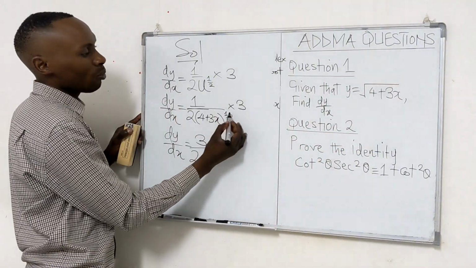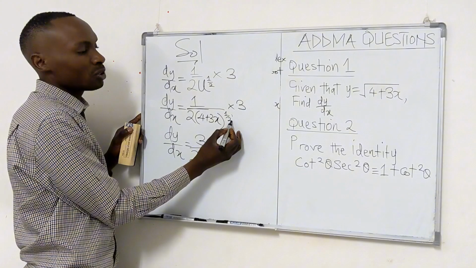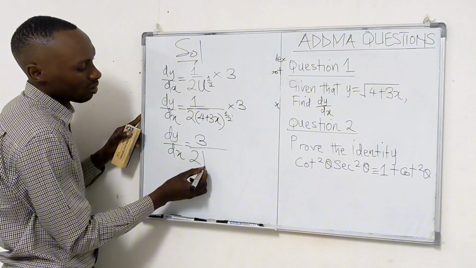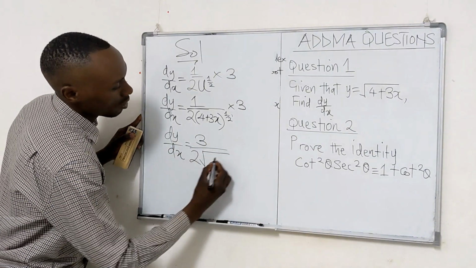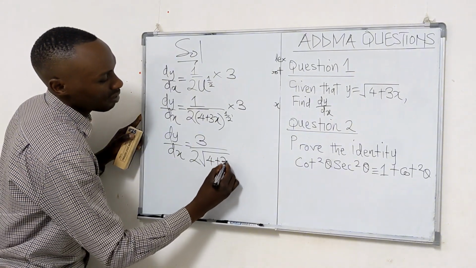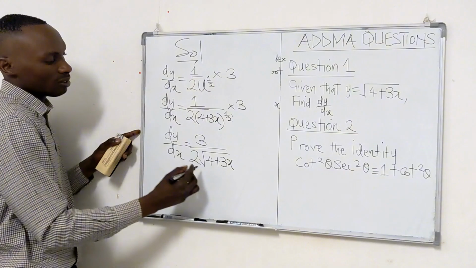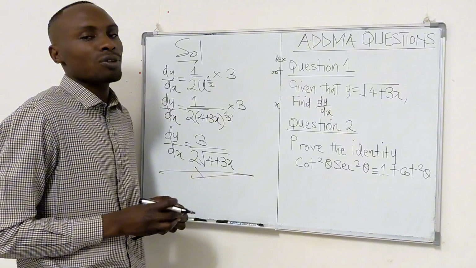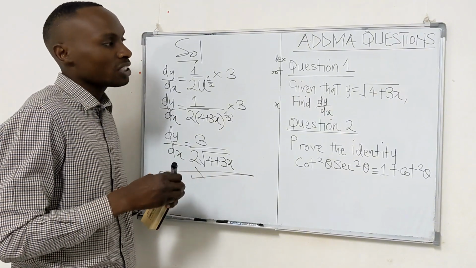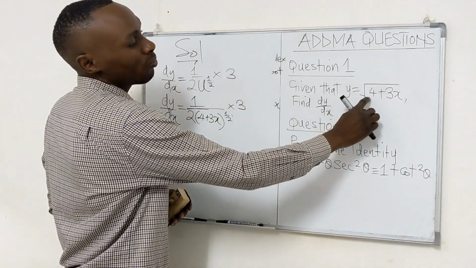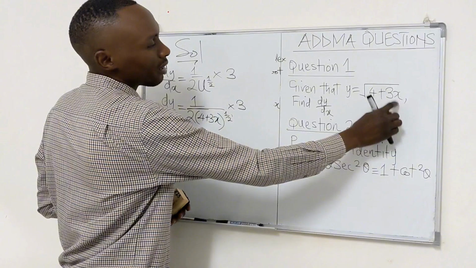Remember we said 1 is the exponent, 2 is the root. So this gives us the following: 3 over 2 square root of 4 plus 3x. So this here is the derivative of the function y equal to square root of 4 plus 3x.